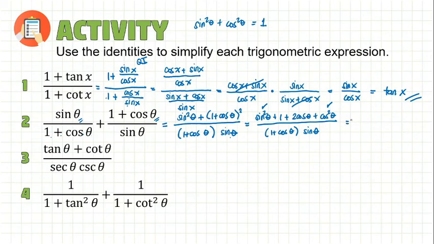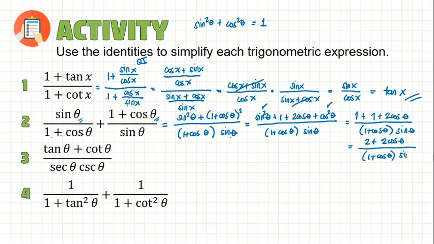So we will have 1 plus what remains, 1 plus 2 cosine theta, all over 1 plus cosine theta sine theta. Now, 1 plus 1 is just 2, plus 2 cosine theta all over, copy again, 1 plus cosine theta sine theta.